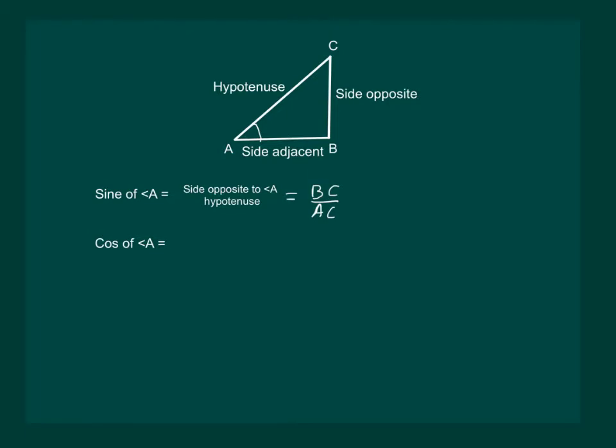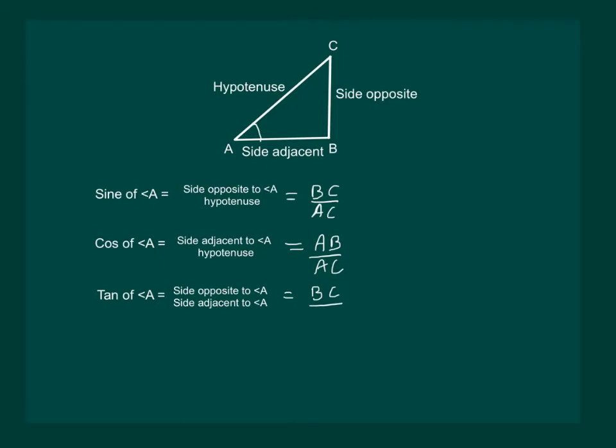The next ratio is cos of angle A. It is defined as side adjacent to angle A by the hypotenuse, that is equal to AB by AC. The third ratio is tan of angle A, which is defined as side opposite to angle A by side adjacent to angle A, that is BC by AB.